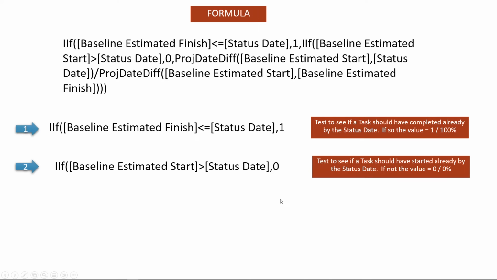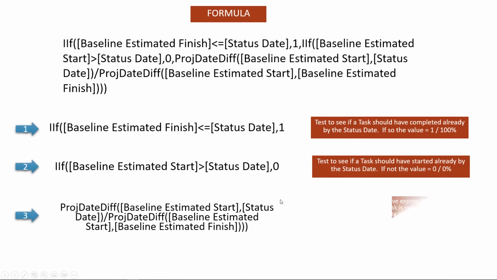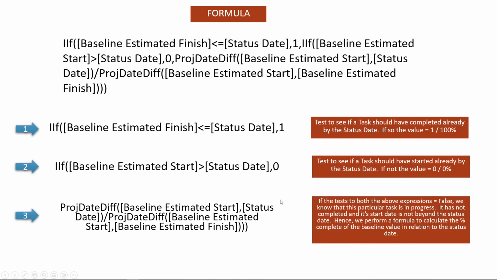If it's not one of these two, then we're left with something that we know is currently in progress. So something where it is not completed and its start date is not beyond the status date, because we've already tested that.